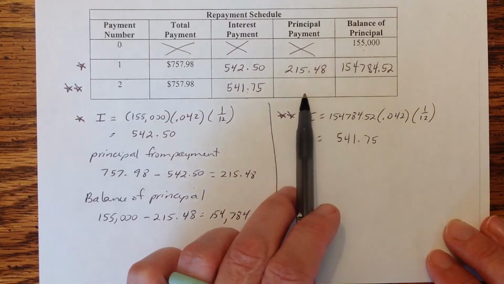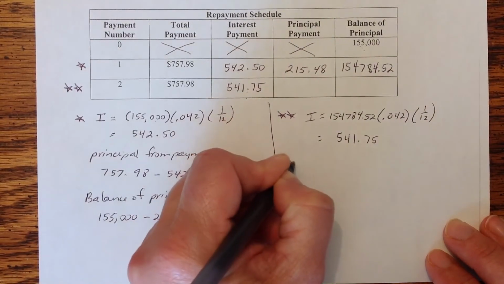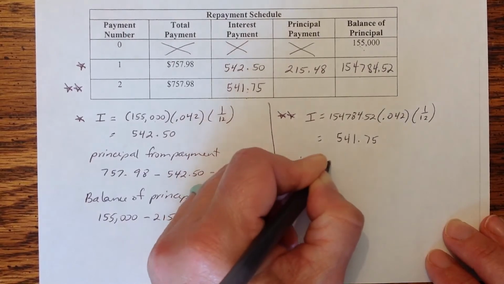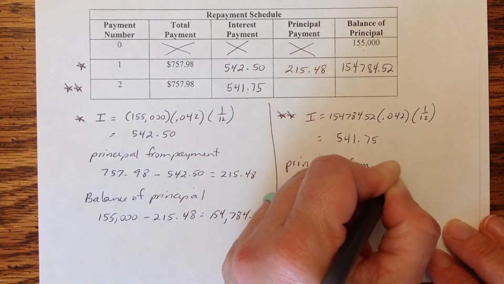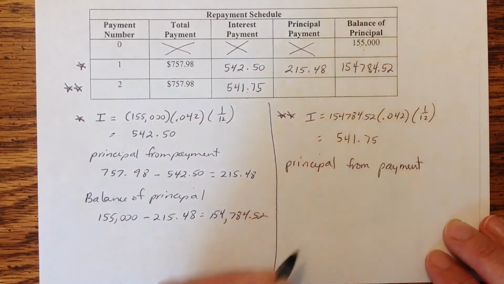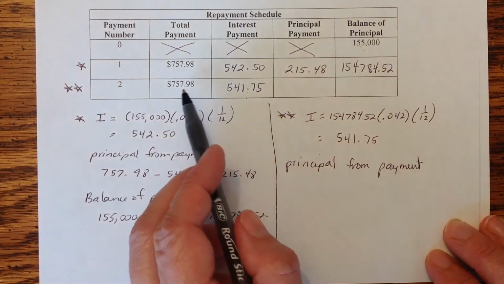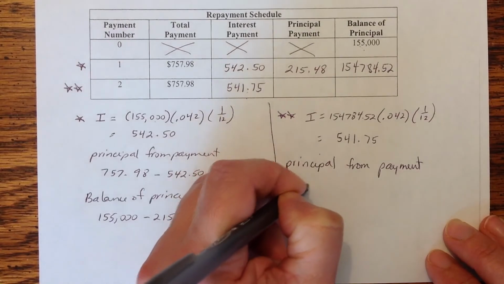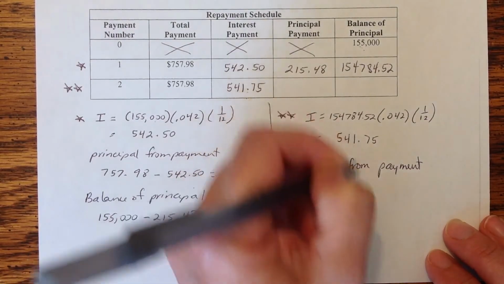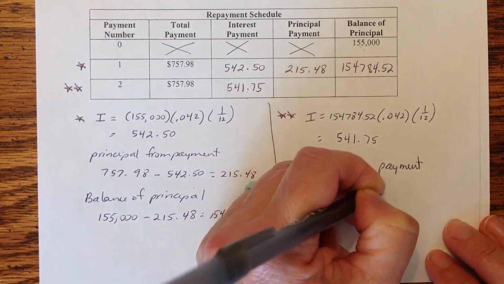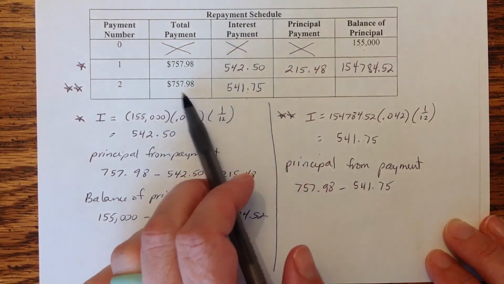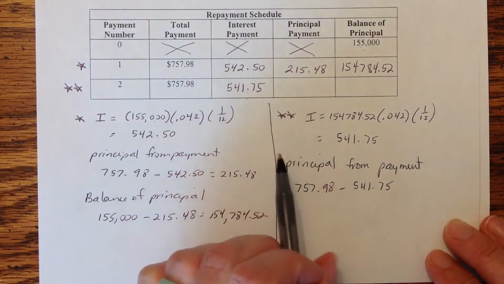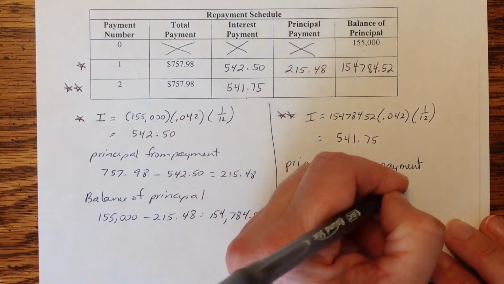So if we want to find the principal from payment, we take 757.98 and we subtract 541.75, because remember, these boxes side by side must add to this monthly payment. So we get 216.23.